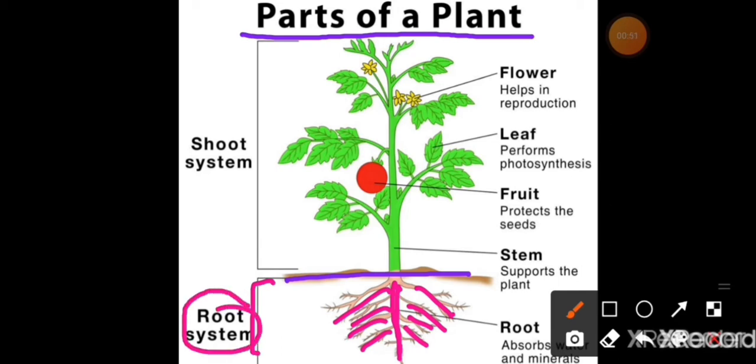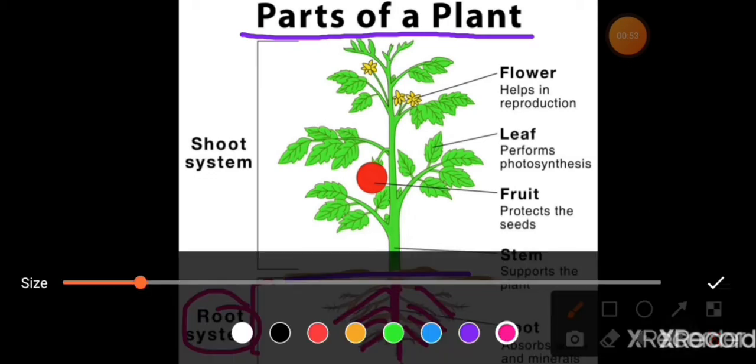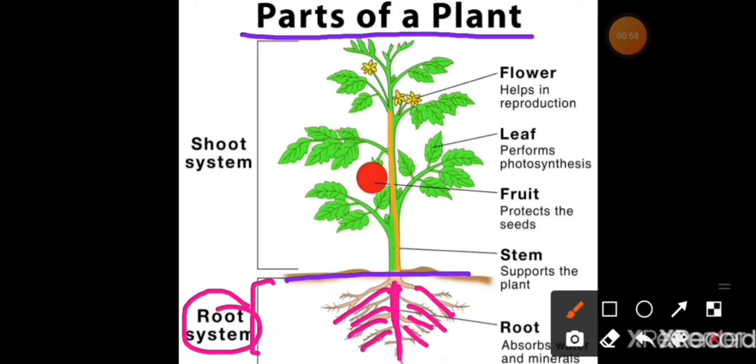The part of the plant present above the ground is called the shoot system, and it bears the leaves, fruits, flowers, branches, stem, etc.